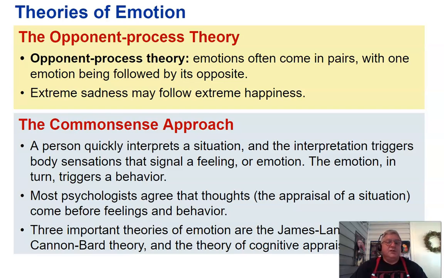The emotion in turn triggers a behavior. Most psychologists agree that thoughts, the appraisal of a situation, come before the feelings and behavior. Three important theories of emotion are the James-Lange theory, the Cannon-Bard theory, and the theory of cognitive appraisal.